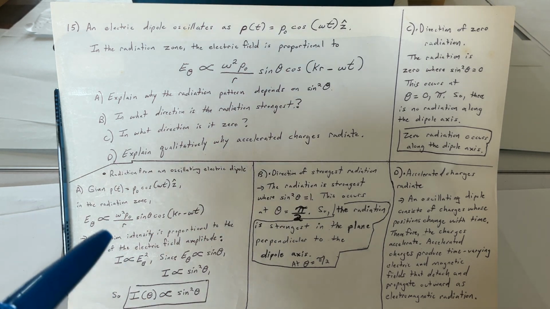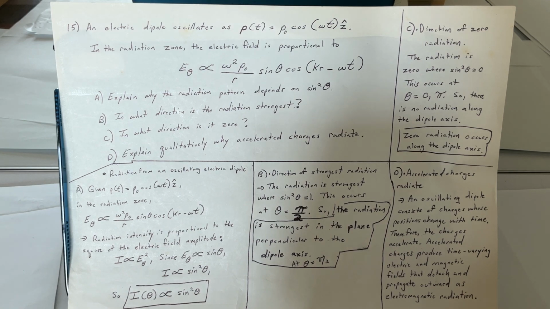So we could say the radiation intensity is proportional to the square of the electric field amplitude. And since E sub theta is proportional to sine theta, our intensity is proportional to sine squared theta.